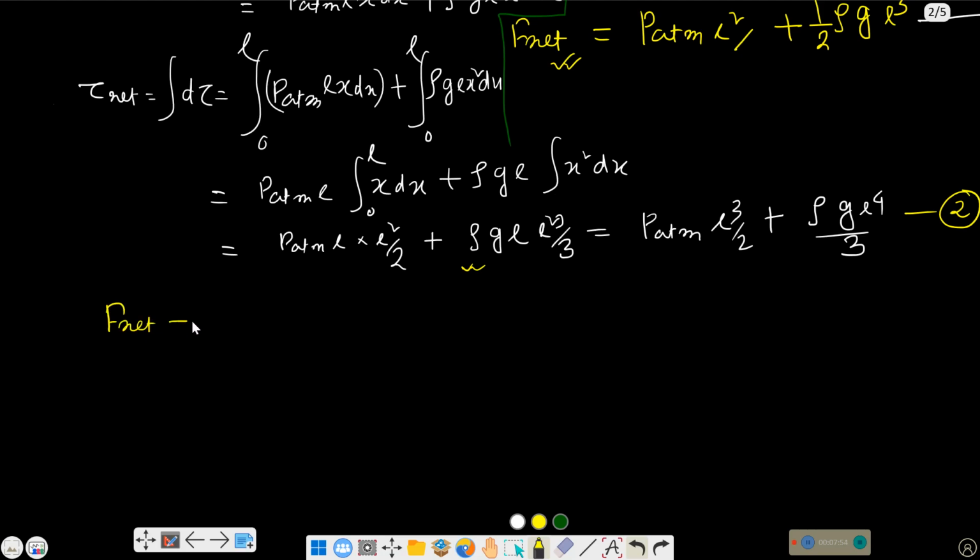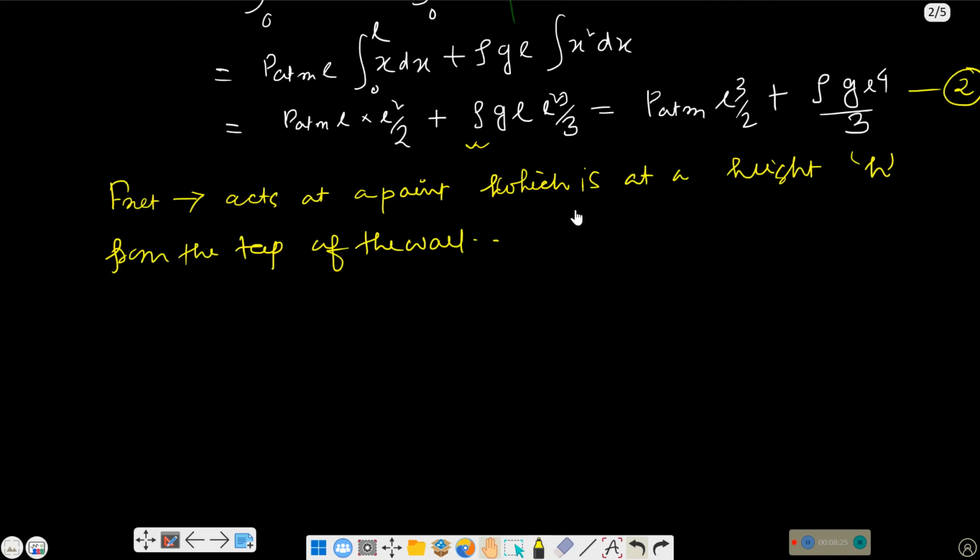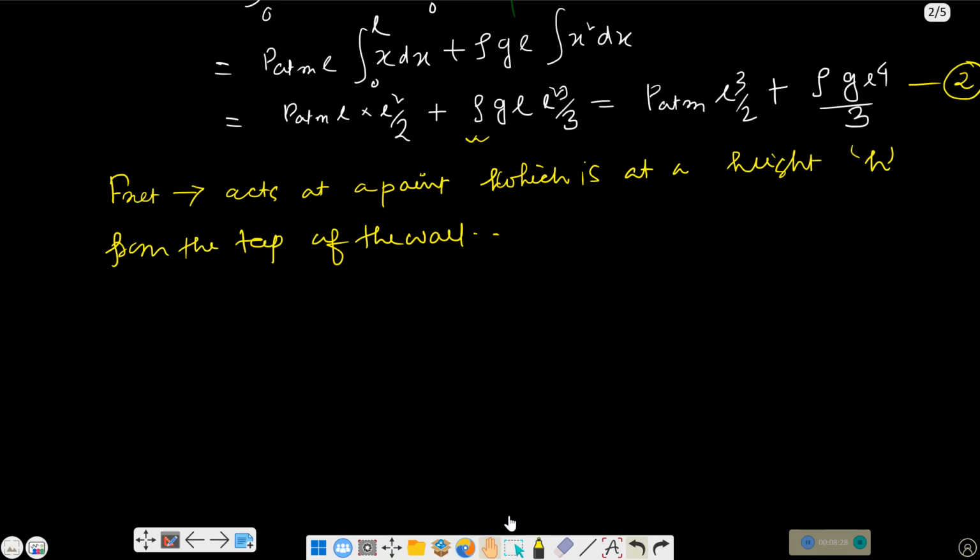Suppose that this F net acts at a point which is at a height h from the top of the wall, then what you can write for the torque is tau net equal to F net into h.